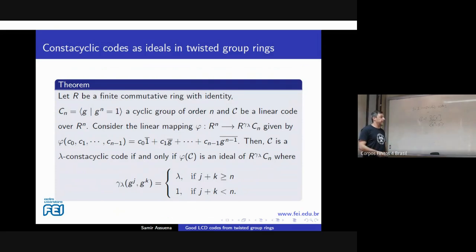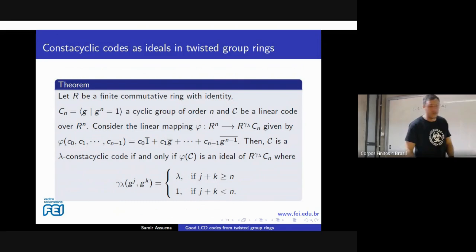And here appears this twisting, which CÉSAR showed us. And this mapping is just exactly the same mapping that gives constacyclic codes, or, in the case of cyclic codes, constacyclic codes can also be realized as ideals in twisted group rings.